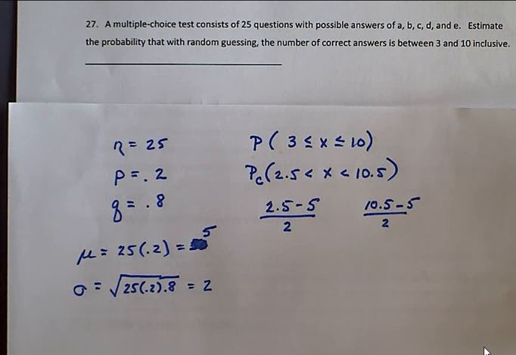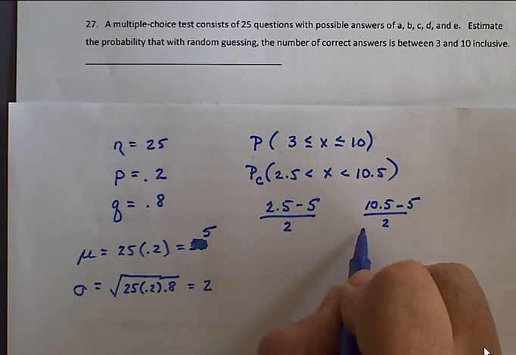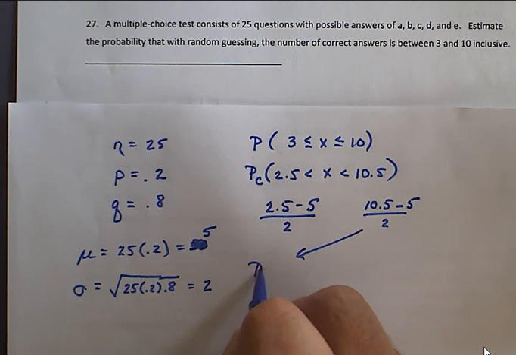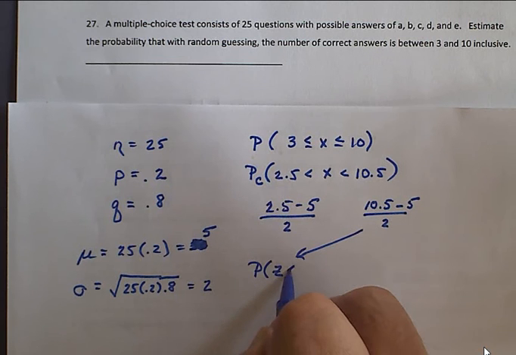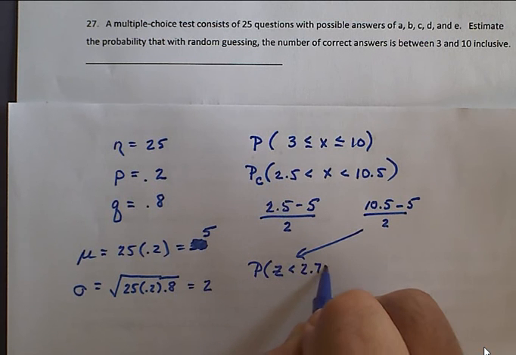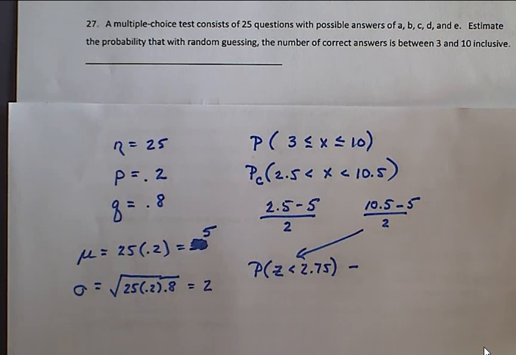So 10.5 minus 5 divided by 2 is 2.75. 2.5 minus 5 divided by 2 is negative 1.25.